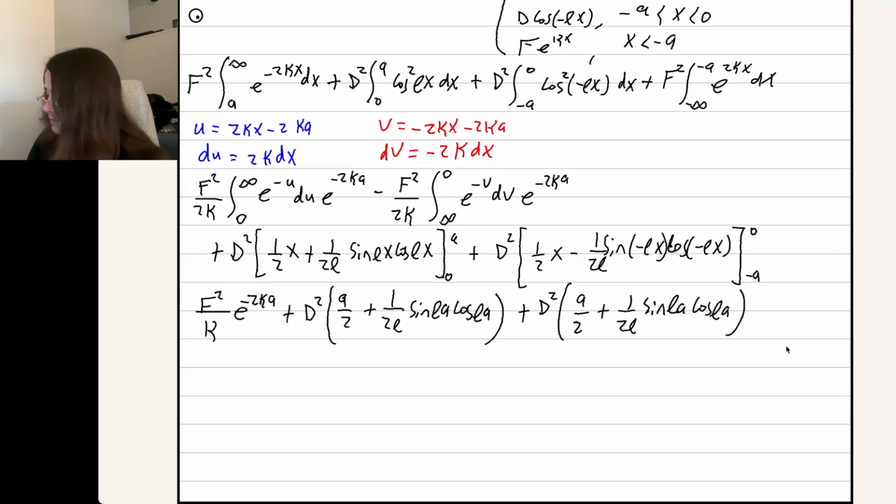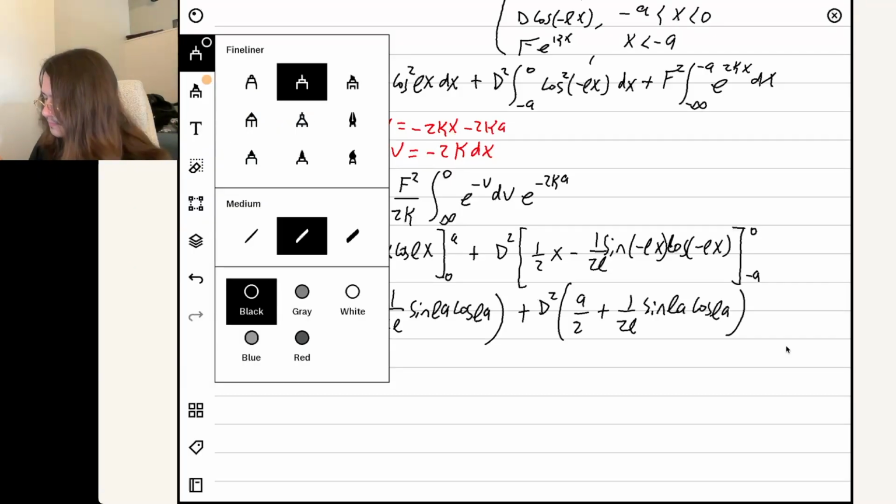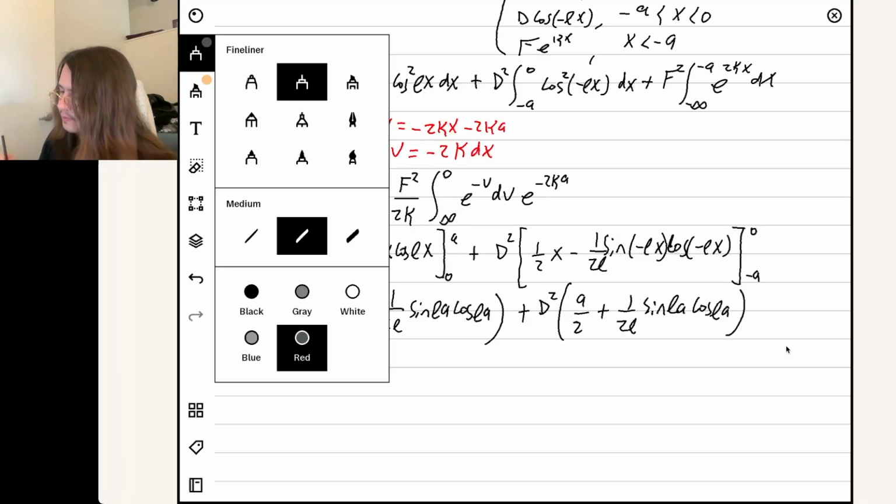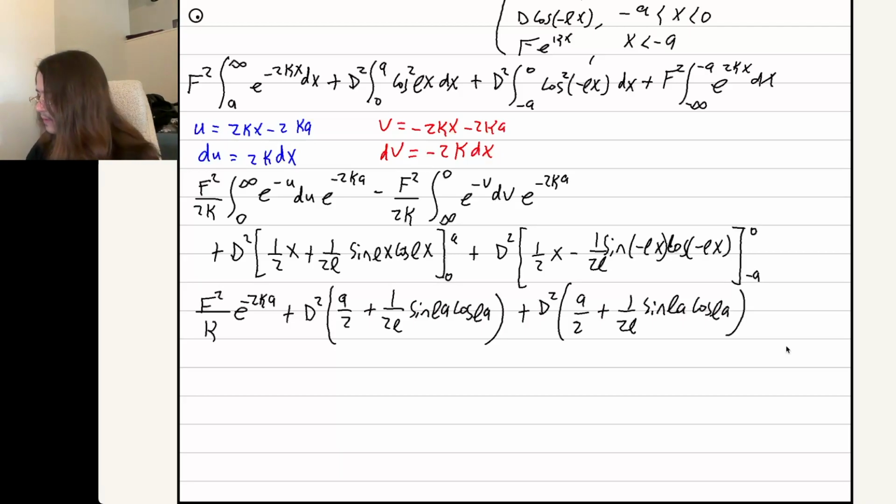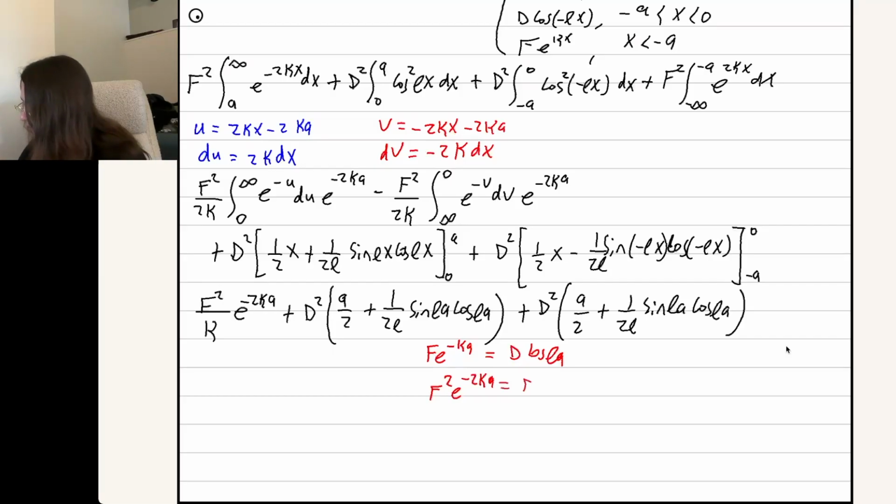We can simplify this as well, and we're going to have to, by using a definition. Well, it's not a definition, it's a consequence of a boundary condition that Griffiths defined, where he got a form for f e to the minus kappa a equals d cosine La. And if you actually square both sides, you see we have this term and this term match. And we can plug that in there.